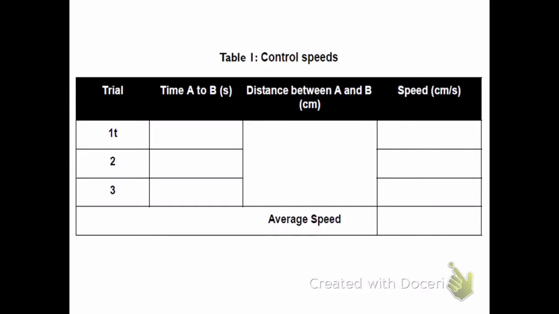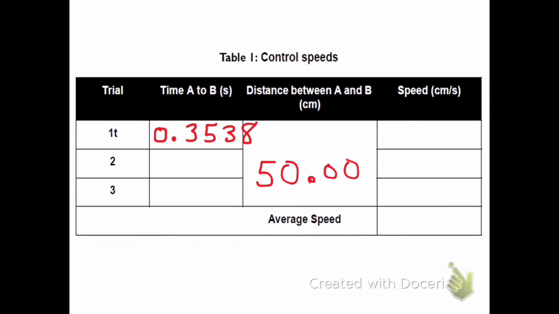Table 1 is your control speeds, and in this table you should have gotten the AB time, and I'm going to use the example from the data that I collected, in which the AB time for the first trial was 0.3538 seconds. The distance between the two photo gates was 50.00 centimeters, and now we're going to calculate the average speed.